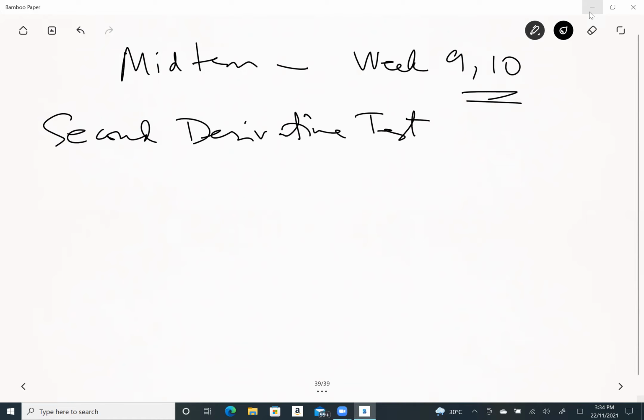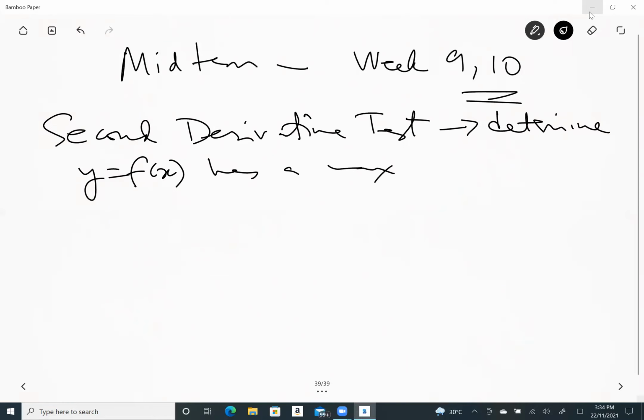Okay, in order to do that, we are going to look at the reason to determine whether the function y equal to f of x has a maximum or minimum. All right, and then you'll be able to sketch the curve, the graph.